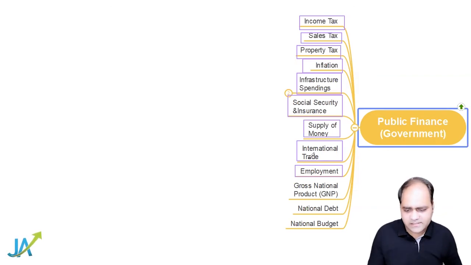The next category is called gross national product, GNP. Gross national product is the overall market value of goods and services produced by any country's citizens during a specific period of time.